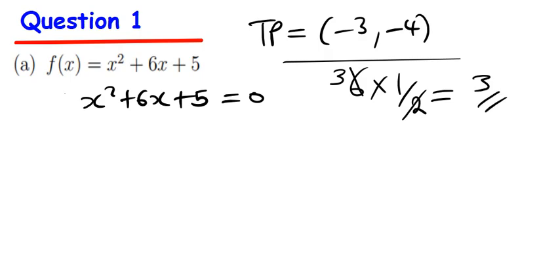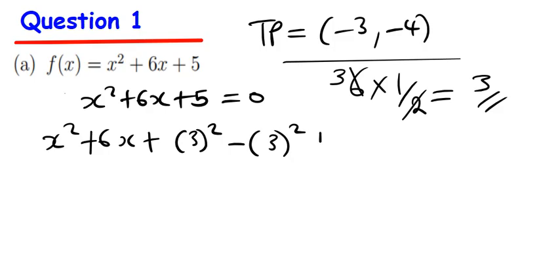So therefore, we are going to have x squared plus 6x plus this half, the one that we found. We are going to add it and subtract it, but by squaring it. So I'm going to have 3 squared, minus again 3 squared, plus the 5. Now, the one that we had halved, I'm going to ignore it.